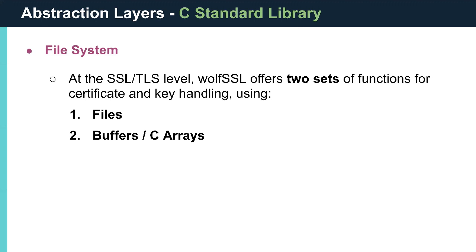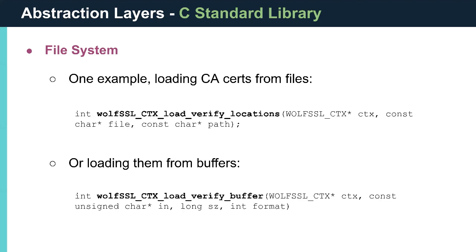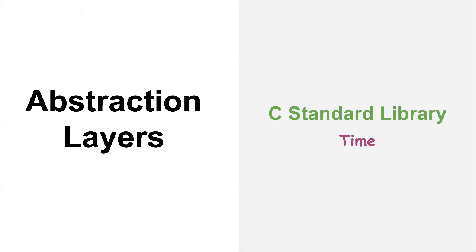Now, if you're going to disable the file system, you do need to adjust your application slightly in how you use files or buffers or C arrays. We saw before things like wolfSSL_CTX_load_verify_locations is how you would load in a CA certificate into a wolfSSL context. You would need to switch that over to calling wolfSSL_CTX_load_verify_buffer. And we've got equivalent _buffer functions for most of the APIs that use files.